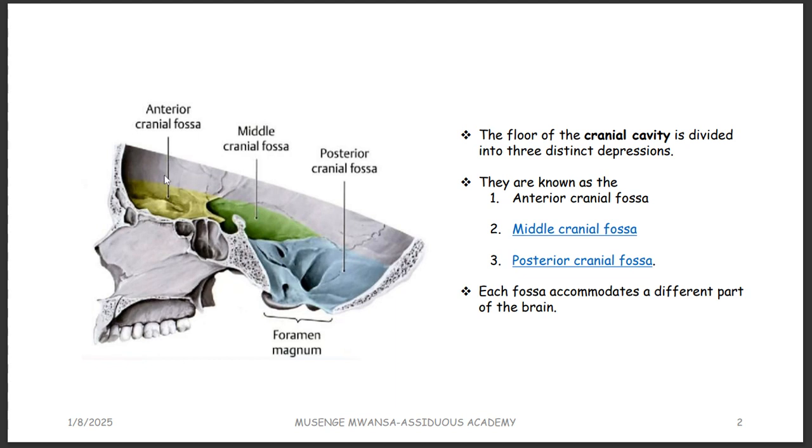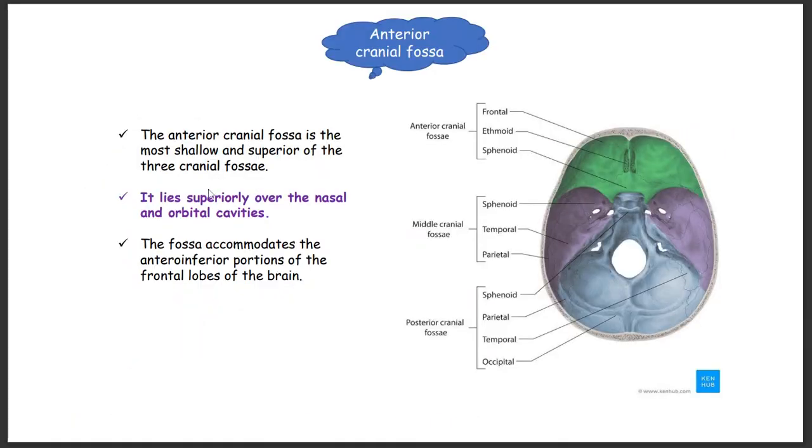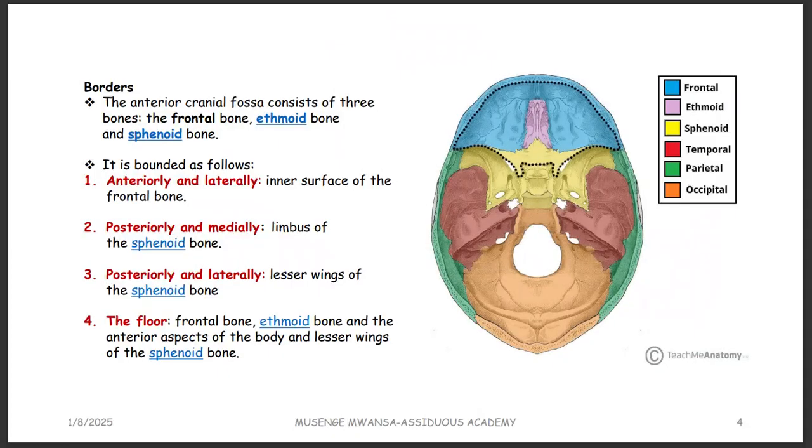So the down part of the brain is going to sit here, but specifically the frontal aspect of the brain. That's why we are calling it the anterior inferior portion, the front down portion of the frontal lobe of the brain.